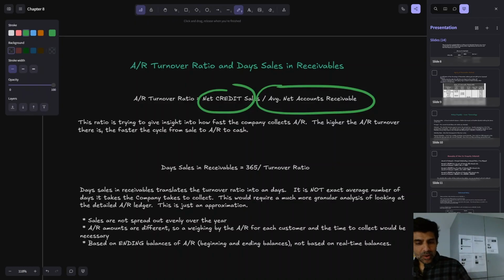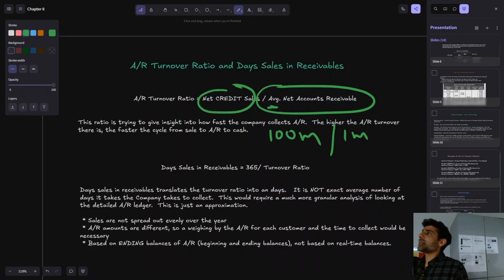Okay, so this average net accounts receivable, you take your beginning accounts receivable balance and your ending accounts receivable balance, find the average, and you compare that to your total credit sales. So let's say you had $100 million in credit sales and you have, whatever, $1 million in average accounts receivable.